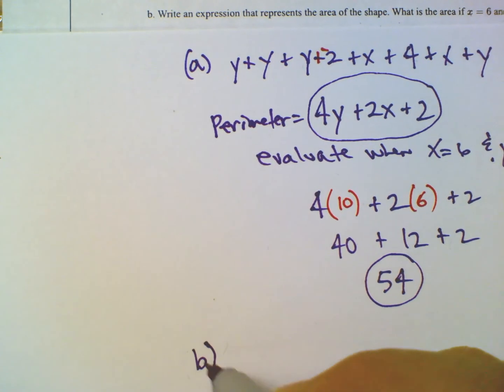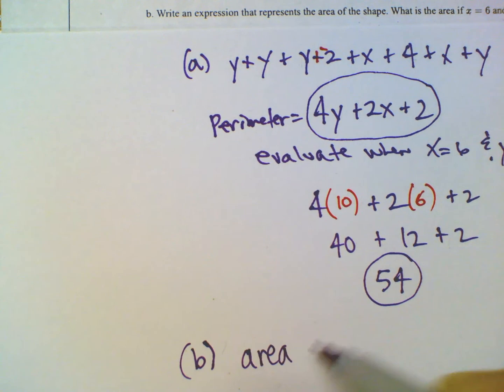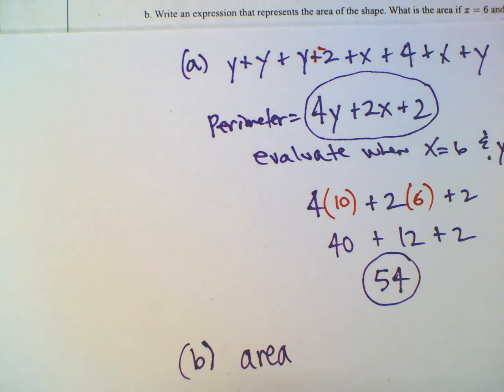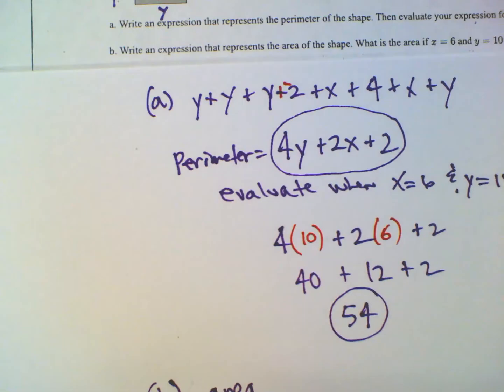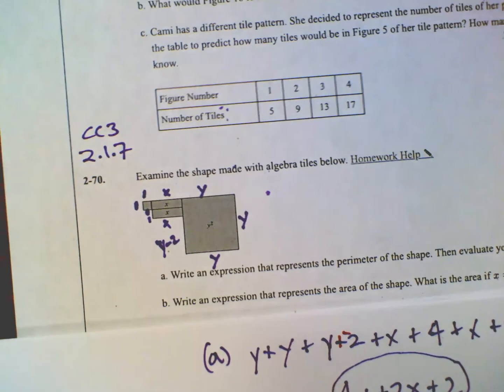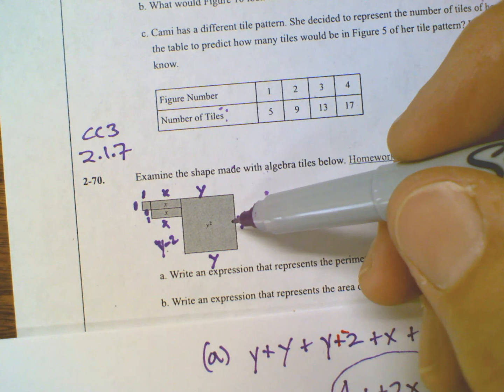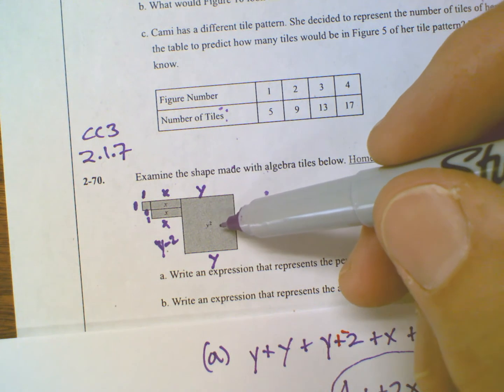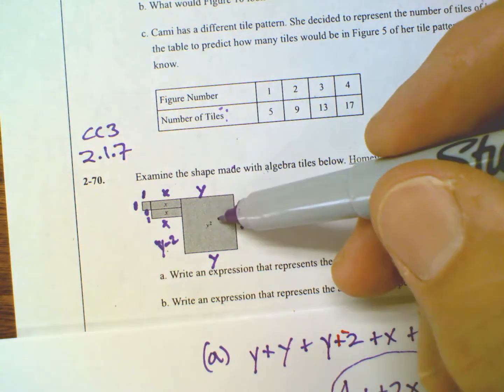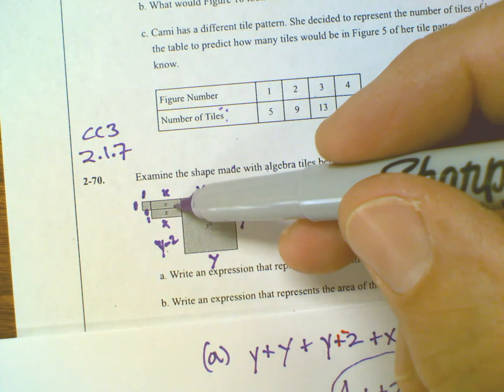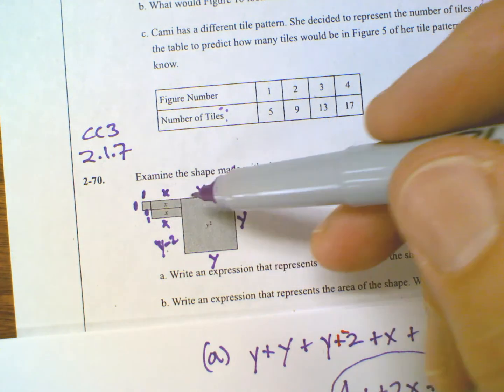Part B wants us to find area, right? Area for part B. Now, it's also going to do an evaluate. So remember, area is just the name of the tiles. When we talk about the name of the tiles, this tile is a y squared tile. Each of those tiles are x tiles, and that little tile is a 1 tile.